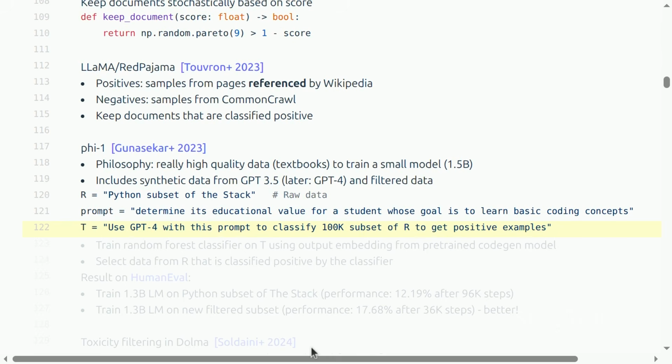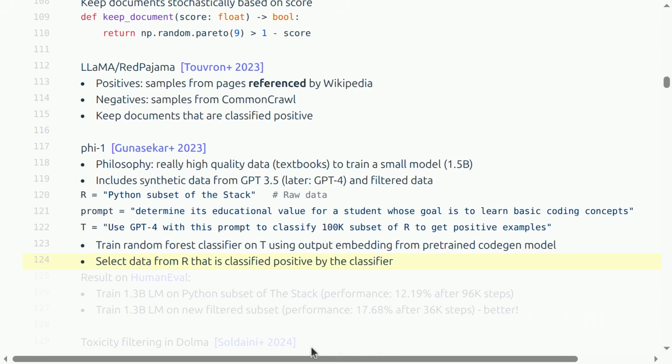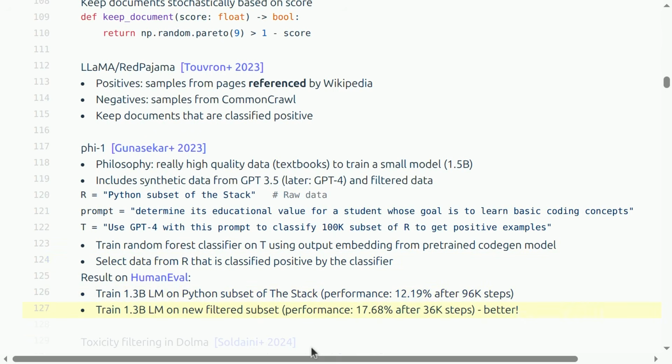So the target here is actually the output of an expensive classifier. Then you train a cheaper classifier, in their case a random forest, but you could probably have used fastText as well, and then you select data that is classified positive by this classifier. They also show that using this dataset, you do much better than if you're just using the raw data, so performance goes up in fewer steps to a higher value.